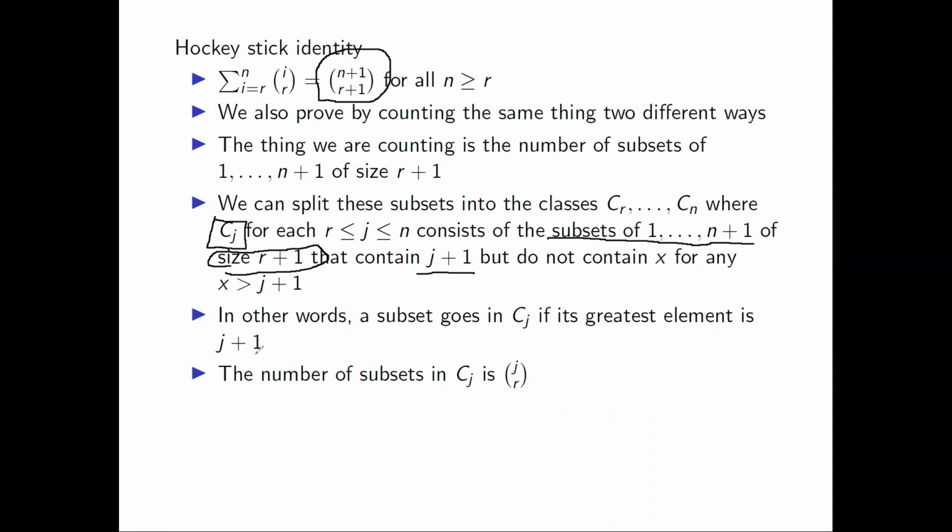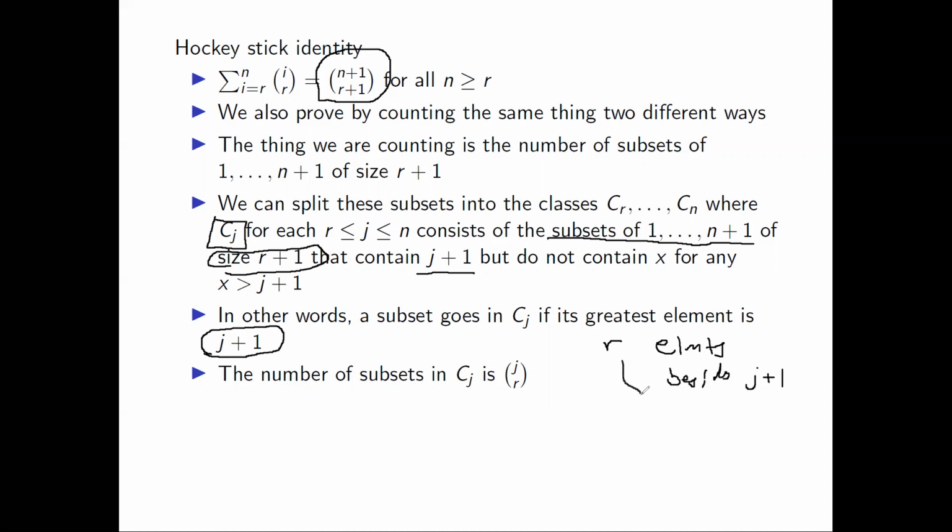In other words, the greatest element is J plus 1. So these subsets have greatest element J plus 1, and they have size R plus 1. Since they have size R plus 1, there are R elements besides J plus 1.